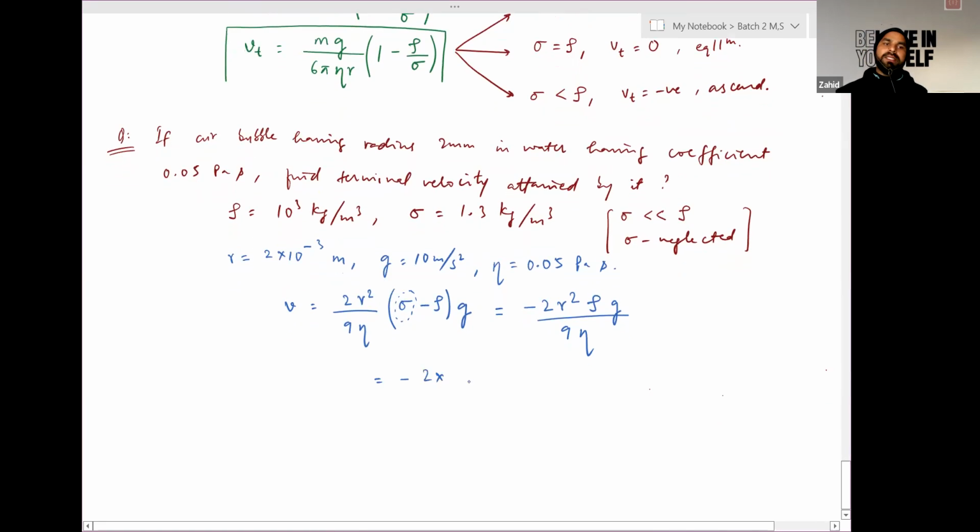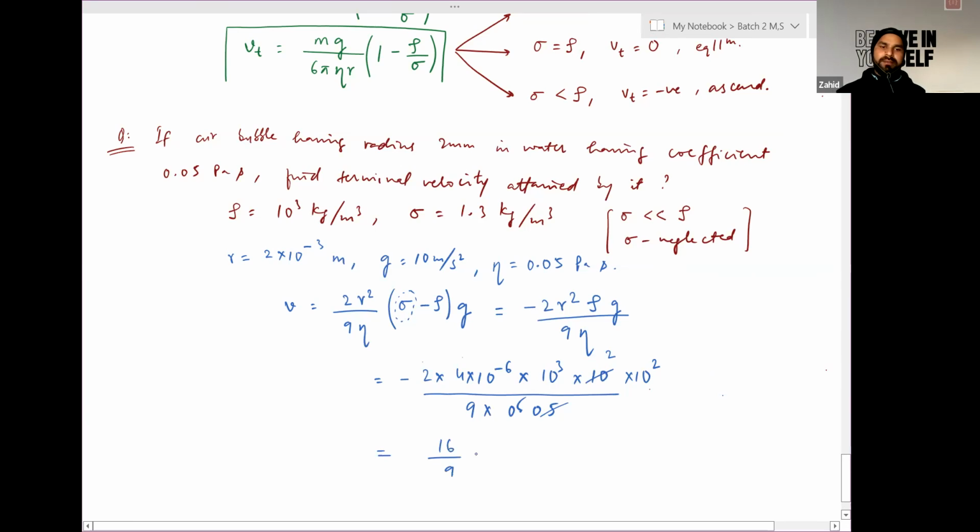Minus of 2 r square is 4 × 10⁻⁶. Density is 10³, gravity is 10. Divide by 9 times 0.05. So if you remove this decimal, there will be 100 or 10² in the numerator. This 5 will cancel out this 10 in 2 times. So 2 × 4 is 8, × 2 is 16.